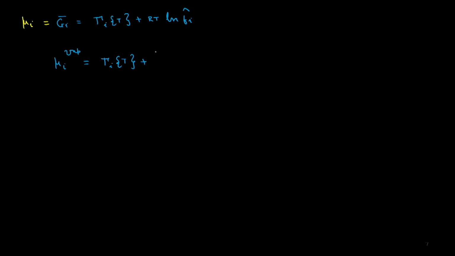It will not depend on the phase, it will depend only on the species. As long as the species i is the same, it will simply be gamma i(T) plus RT ln Fi hat, the fugacity of that species i in the vapor mixture. Similarly, mu i in the liquid phase is going to be the same constant plus RT ln Fi hat in the liquid mixture.